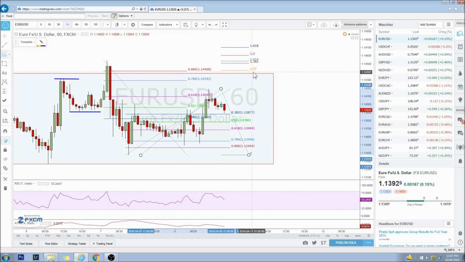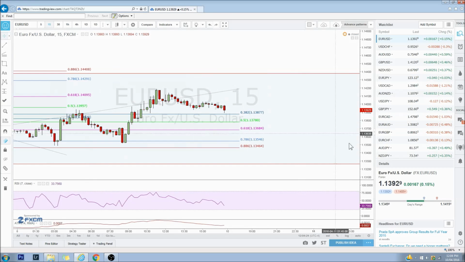Coincidentally enough, the Gartley 127 falls in and around the 886 with the bat. Not too bad, huh? So right now this is showing to prove that this kind of area here is kind of being a sweet spot for a selling opportunity.